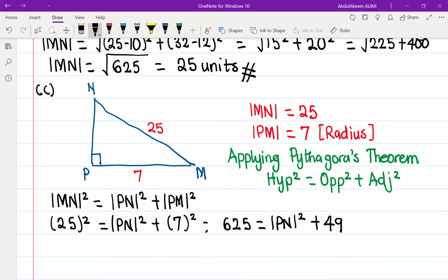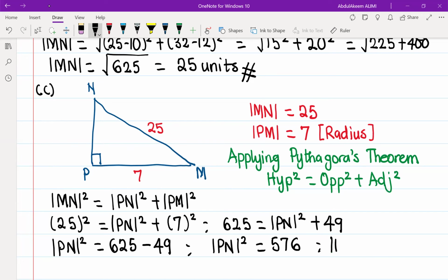So I have line PN all squared equals 625 minus 49. So I'll have my line PN all squared is equal to 576. So what do I do next? I'll take the square root of both sides. So the square root of 576 will give me 24. Yes.